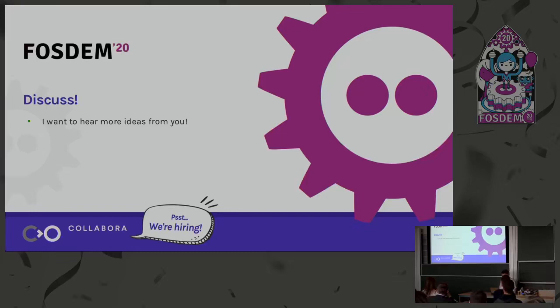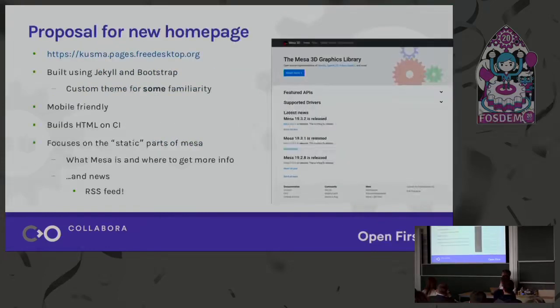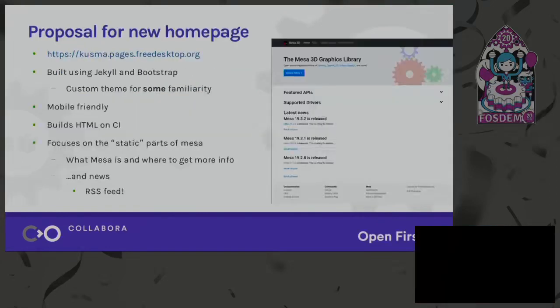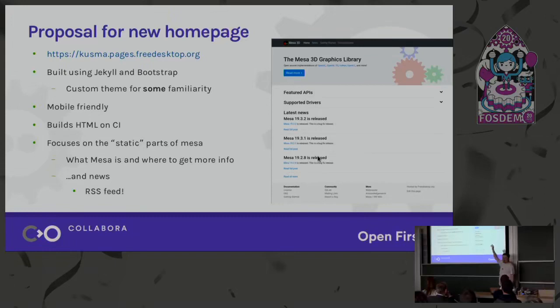Yeah, so it shows which APIs are there and stuff like that. I'm not entirely sold on whether they should be collapsed or not by default, but for mobile it's much nicer not to get a wall of stuff before you get the news.